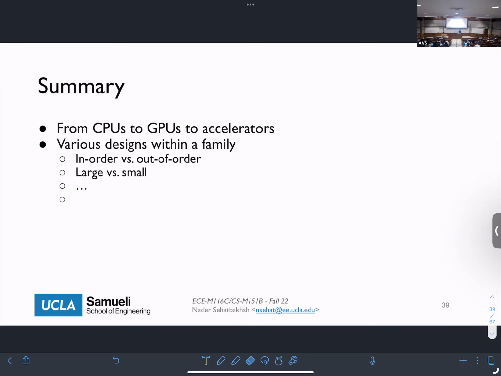So it usually has what we call big and little cores. The little cores are those that are smaller and in order. Some of the applications are run on the little cores, and those that require more power and more performance run on the big cores. Okay, so that's the arsenal, the set of tools that we use these days to balance between power and performance in systems in general. Okay.